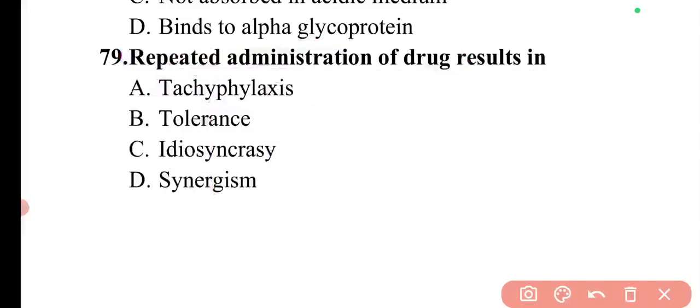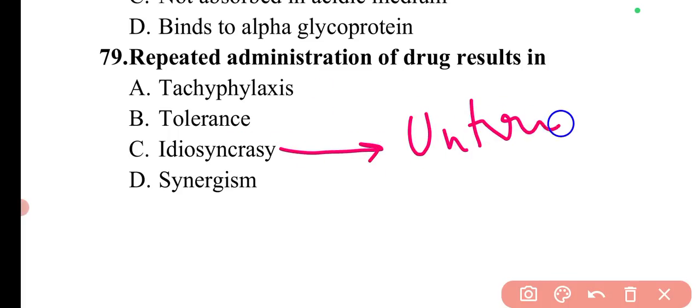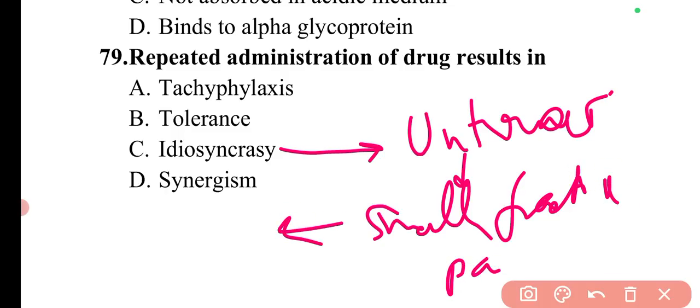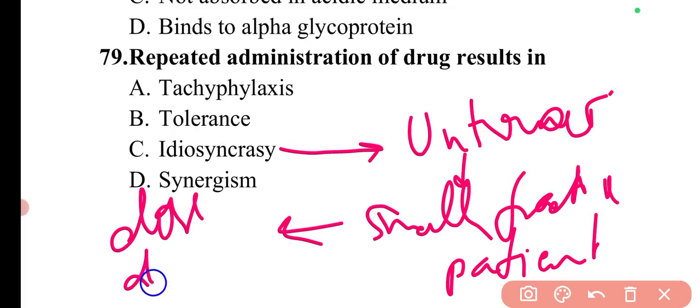So this is the main thing regarding these two statements. And if I talk about idiosyncrasy, these are basically the untoward reaction to the drugs, which occurs only in a very small fraction of patients, and also they do not have any obvious relationship with the dose of drug or with the duration of the therapy.